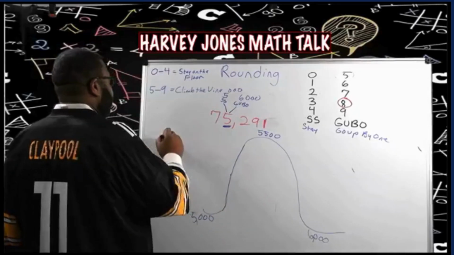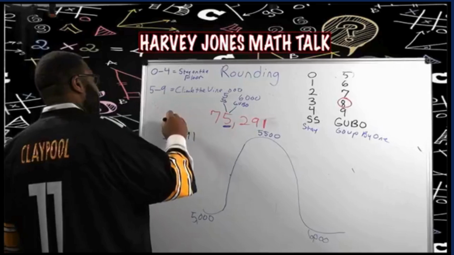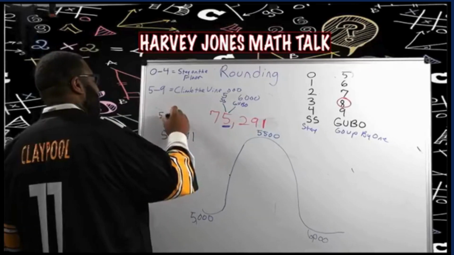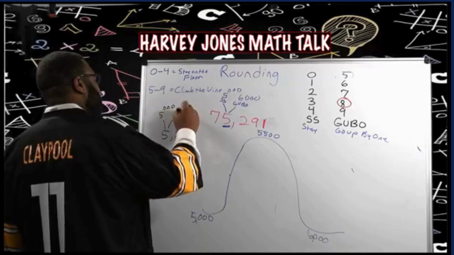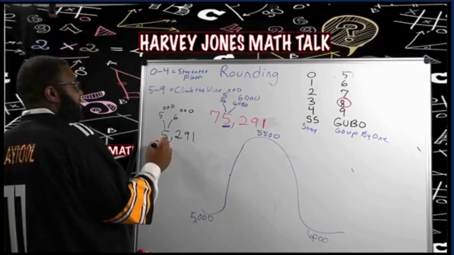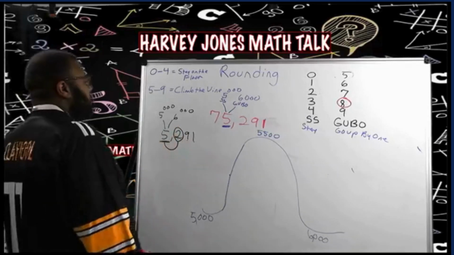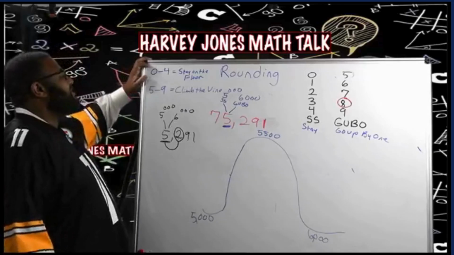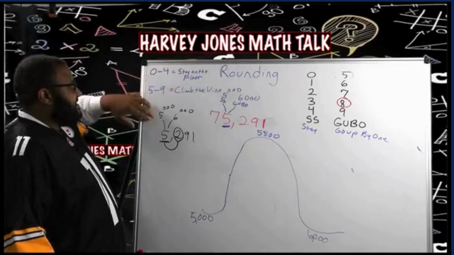If I have 5,291, I've got two choices. It's going to be 5 or 6, with 1, 2, 3 places behind it. That's 5,000 or 6,000. I've talked about that. Here's your 5. We look behind it. There's a 2. We can use this way: 0 to 4, stay on the floor, that means it's going to stay the same.